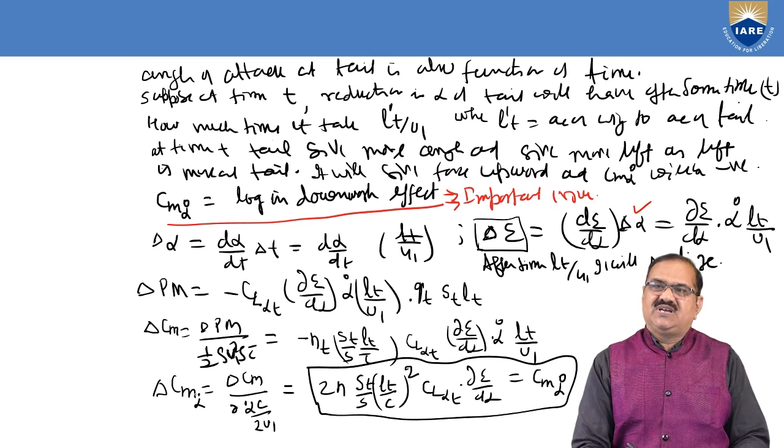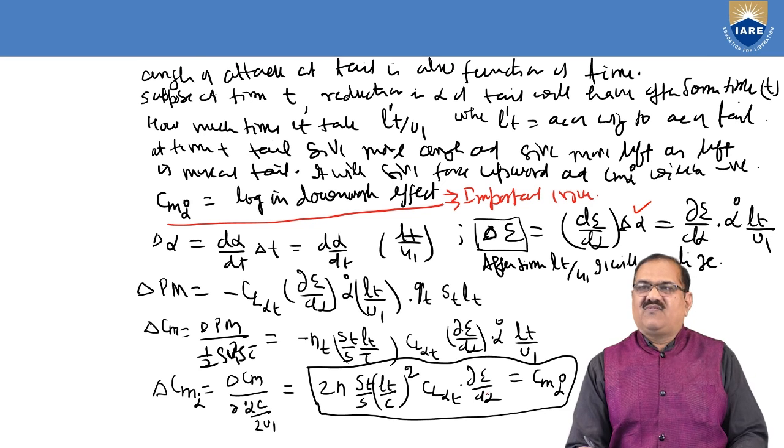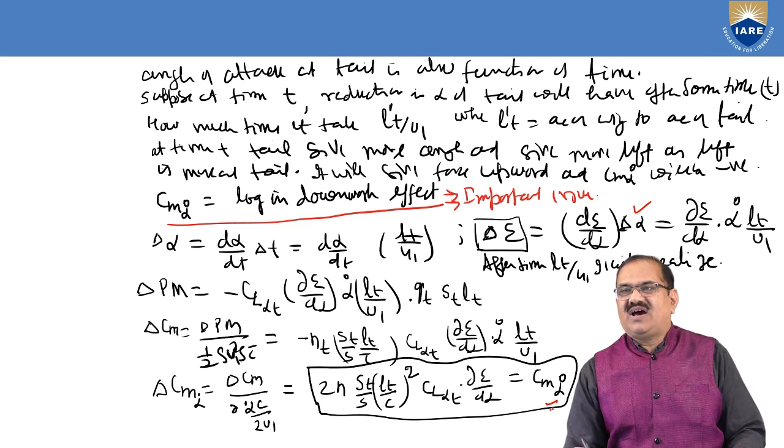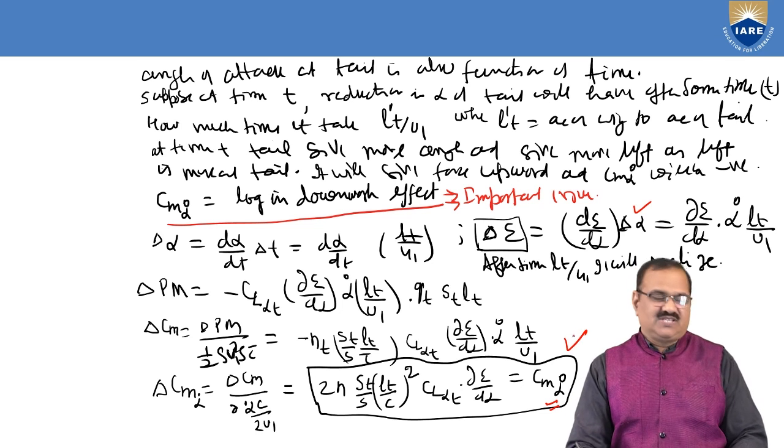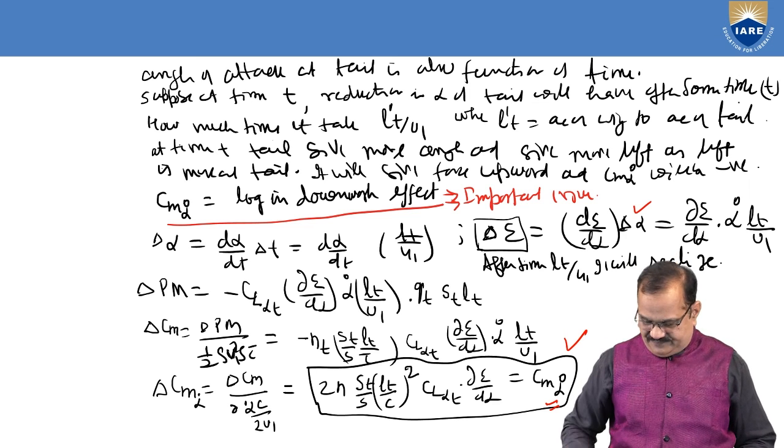So here dou Cm by dou alpha dot C by 2U1, we will get here 2 neta ST by S LT by C whole square CL alpha t into dou epsilon by dou alpha, and this is called Cm alpha dot. Okay, so in this way we can find out how much Cm alpha dot is required.